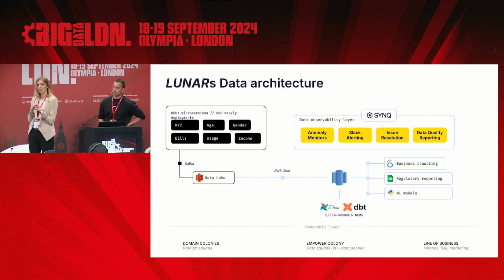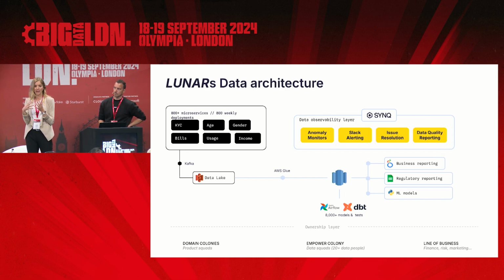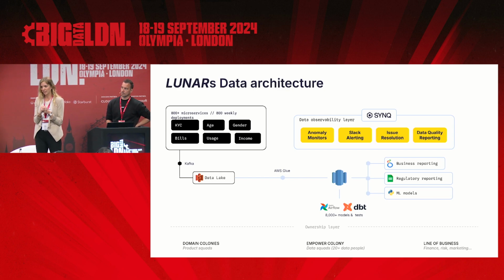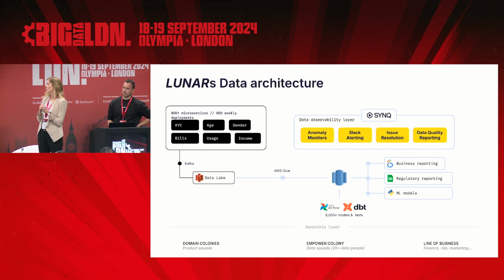The ownership of the data platform is placed in a different kind of colony, not a domain colony, but what we call an empower colony, so it's sort of centralized. We do have data people in the domain colonies, building the dashboards and getting the insights for the different domains, but the core data team is placed in this Empower colony, where we build our data platform and make sure we support the different squads with good data.